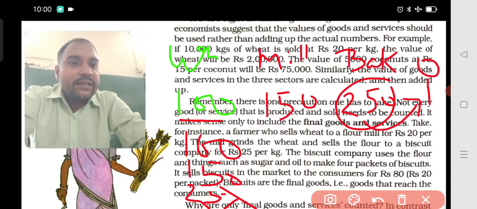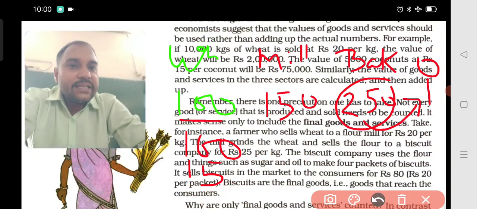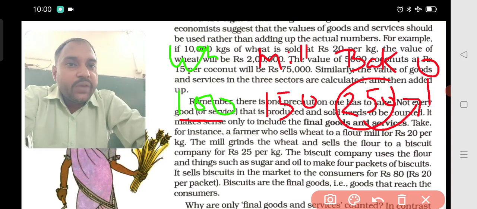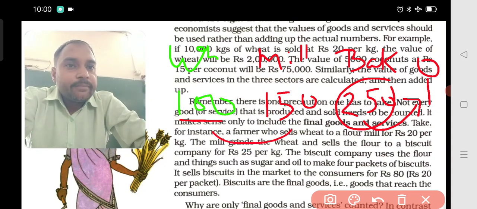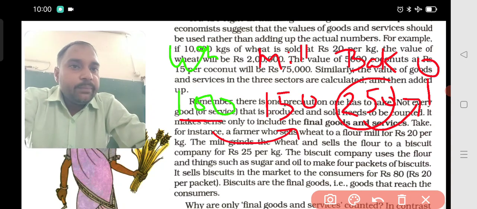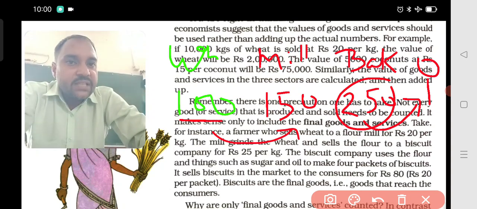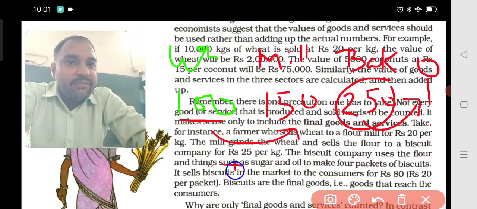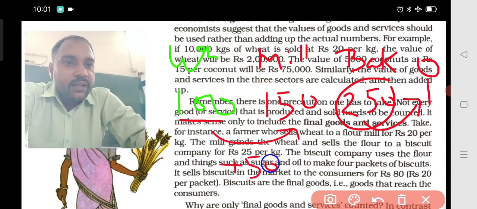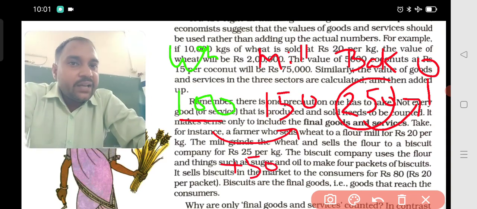Let's again take our example. When the farmer produces wheat, he sells the wheat to the mill owner, who purchases the wheat at rupees 100 and adds the value of rupees 50. Then the mill owner sells the flour of rupees 150 to the baker.